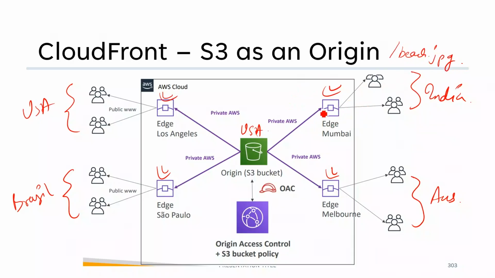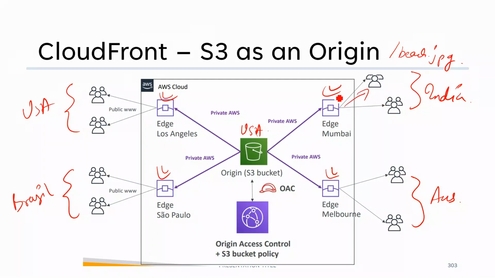It is not present in the edge location, so the request travels to your origin, which is your S3 bucket. The data comes back and gets cached in your edge location the first time. For the second time, when the users request the same data, it comes from the edge location itself instead of going to the origin.